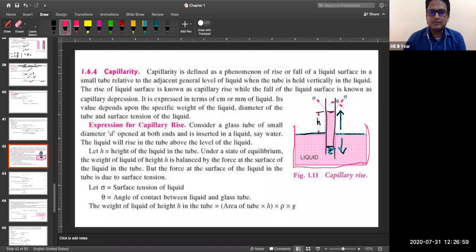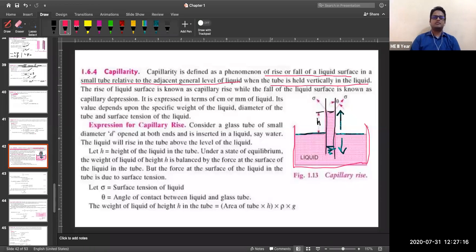Capillarity is defined as the phenomenon of rise or fall of liquid surface in a small tube relative to the adjacent general level of liquid when the tube is held vertically in the liquid.